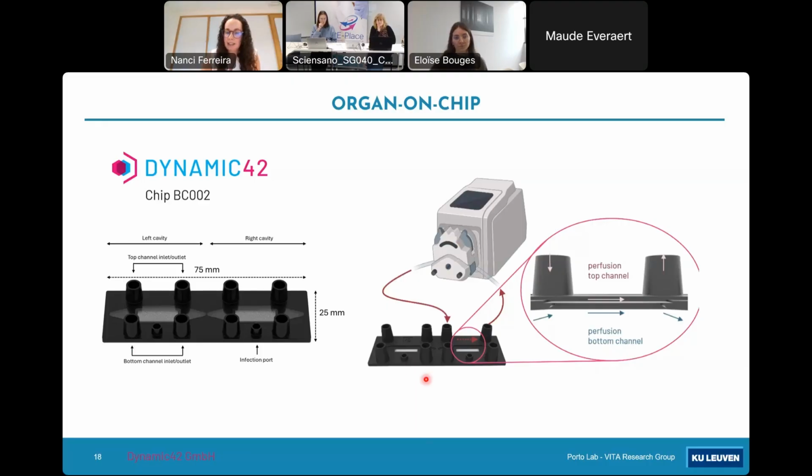And these chips are connected via standard Luer tubings that can then be coupled with a peristaltic pump. The perfusion of the tissue with culture media is independent for each chamber. So we can adapt the media and also the perfusion settings to each tissue to better resemble the in vivo properties that we see in the human body.